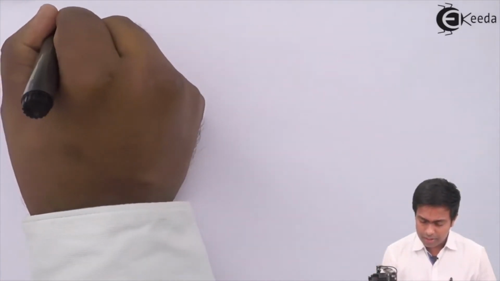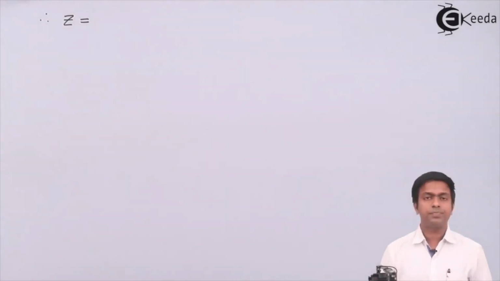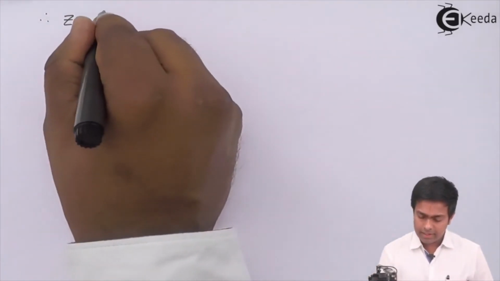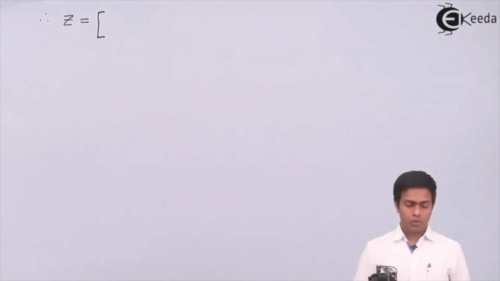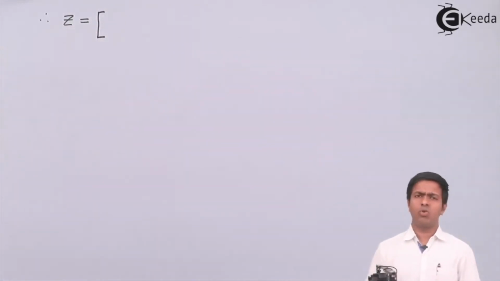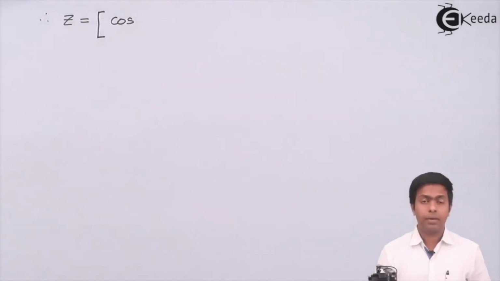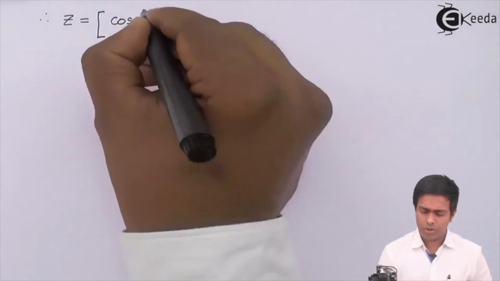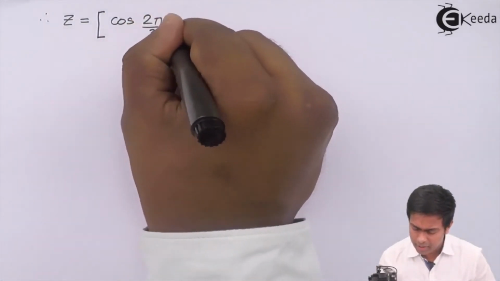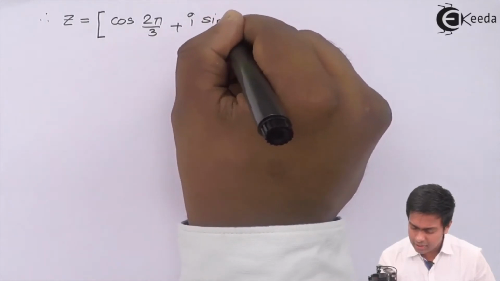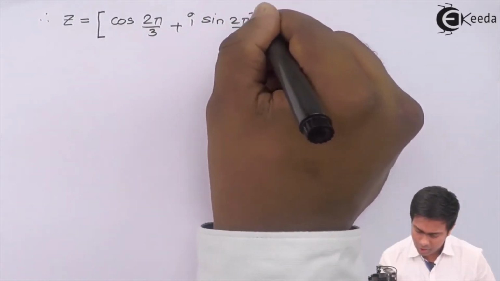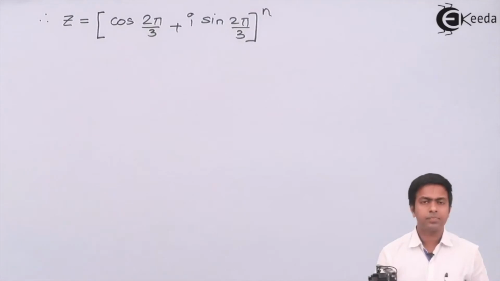So therefore the value of z equals, let's write the number in polar form. For the first number we got r as 1, so no need to write r since it is 1, and theta is 2 pi by 3, so the complex number is (cos 2 pi by 3 + i sin 2 pi by 3) whole raised to n.